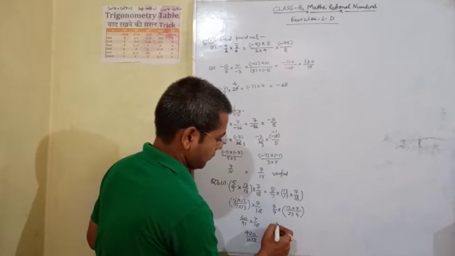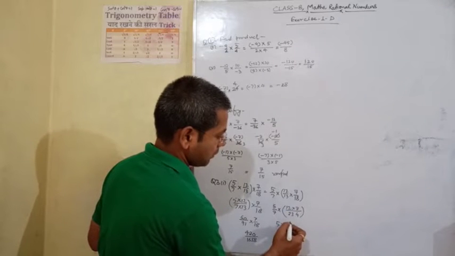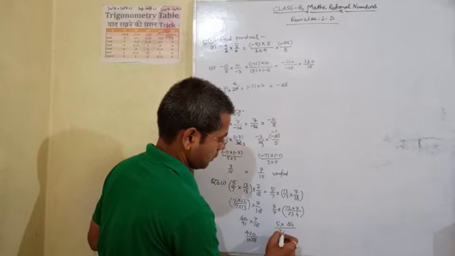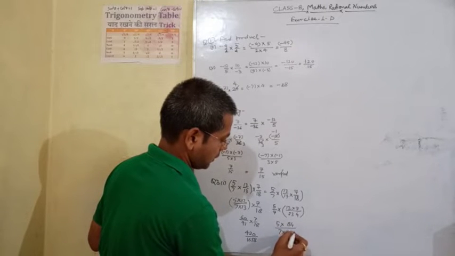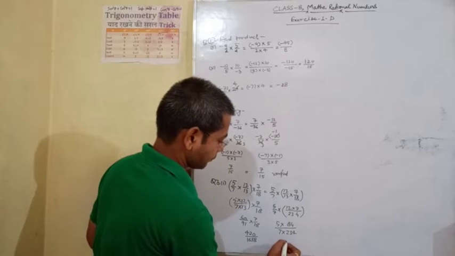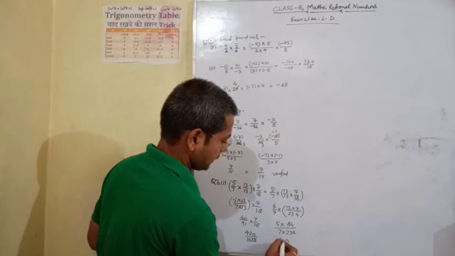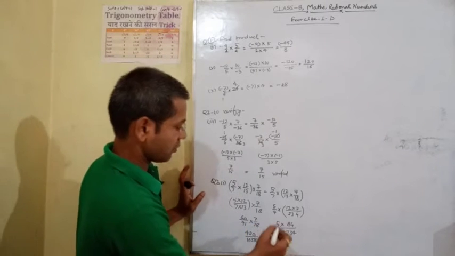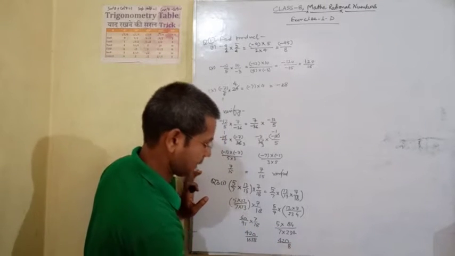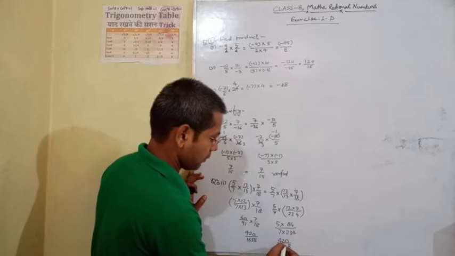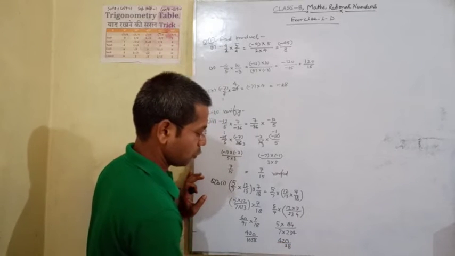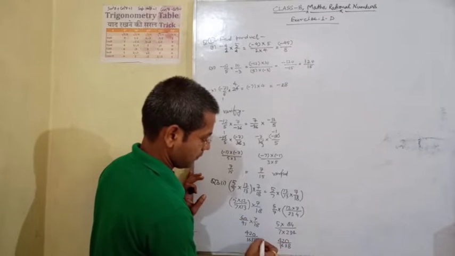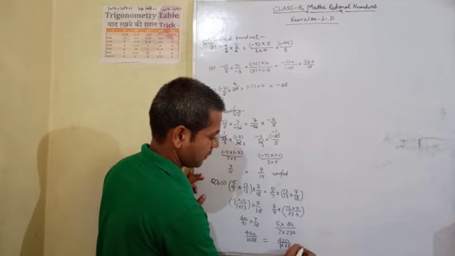It is 5 multiplied by 12 multiplied by 7, which is 420 upon 7 multiplied by 234, which is 1638. It is verified.